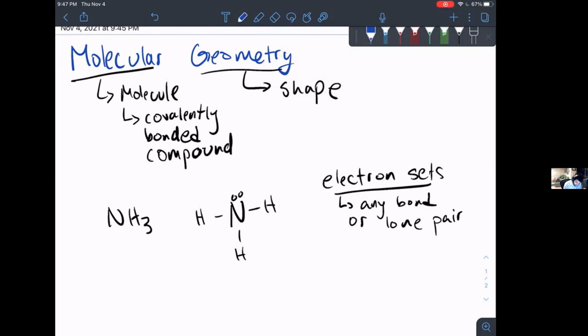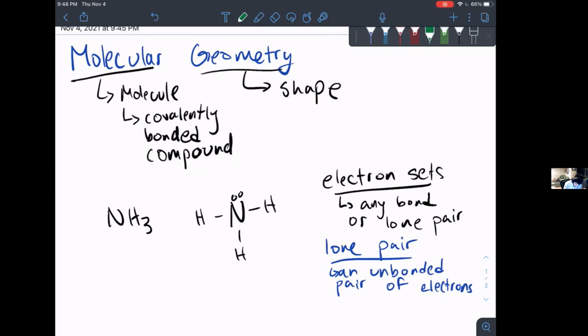Up next, that brings us to the next term, lone pair. That's going to be an unbonded pair of electrons.